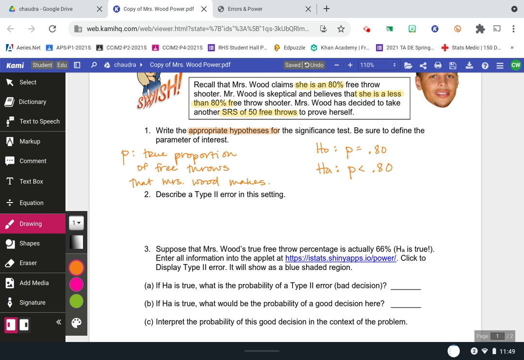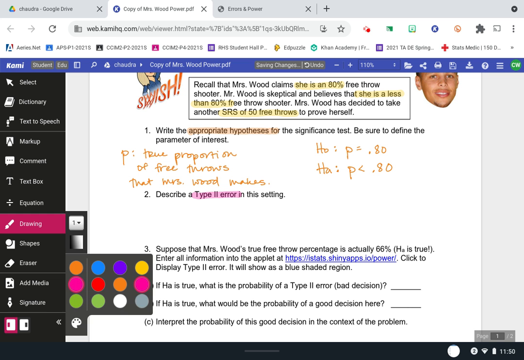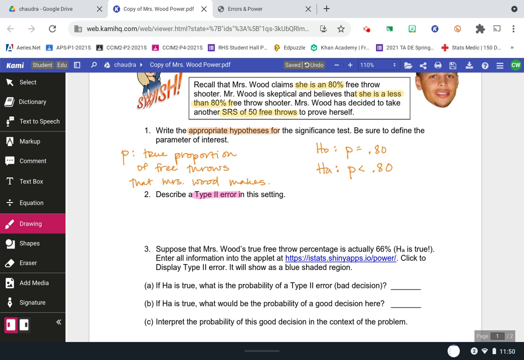Okay, so a type 2 error in this setting would be, let's talk about what the definition of a type 2 error is. Let's quickly review it from the last lesson that you were supposed to have already done. So a type 2 error, if we define it off to the side, is when we fail to reject the null hypothesis, but we should have because the null is false.